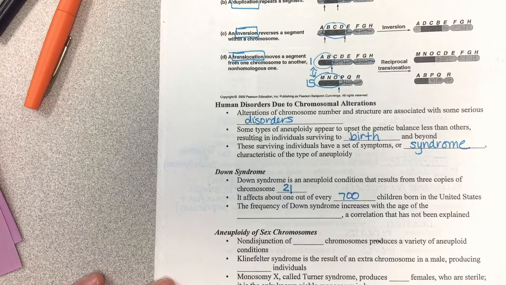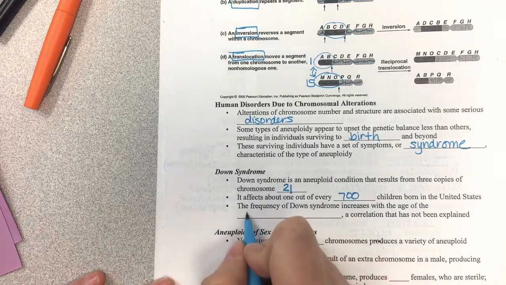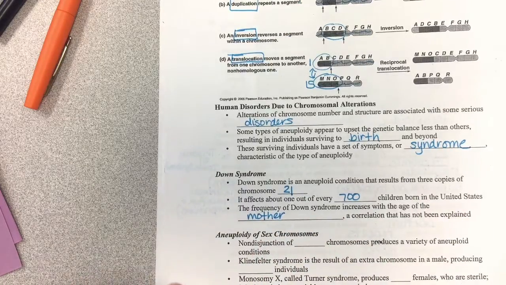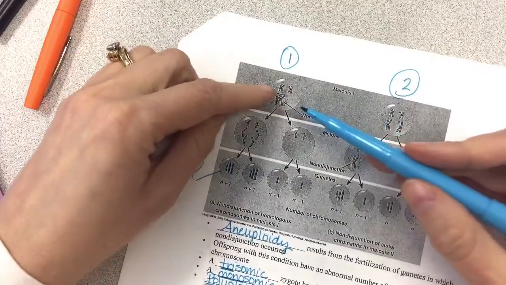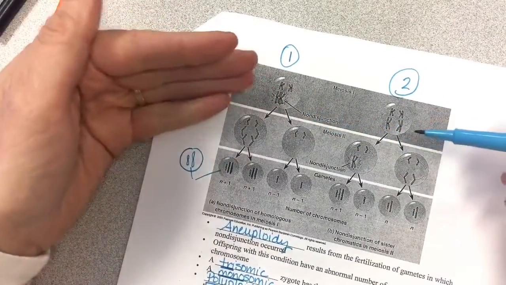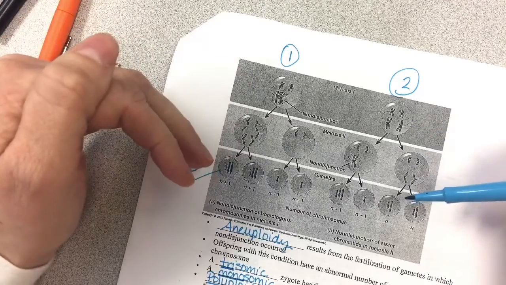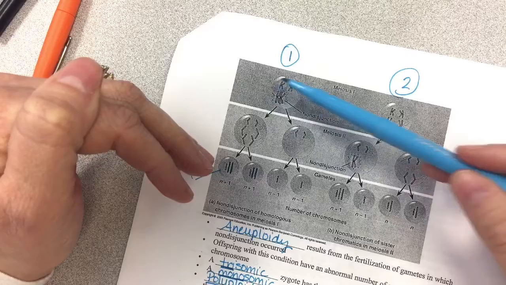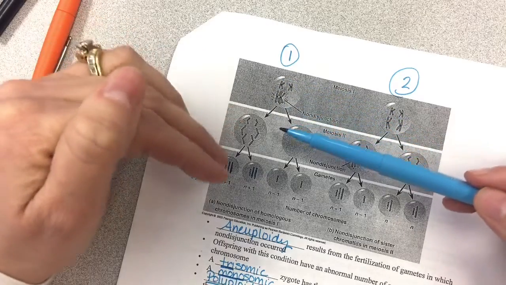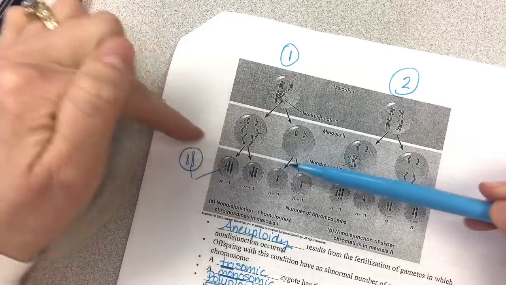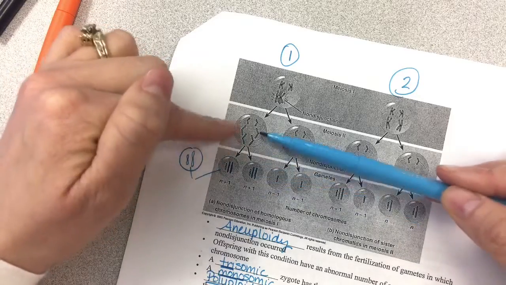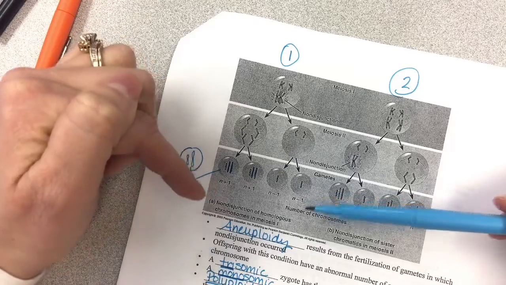The frequency of Down syndrome increases with the age of the mother, a correlation that has not been explained, although they find that the mother has these egg cells that sit in her ovaries for her entire lifetime since puberty, and they think that the egg ages, and the older the egg gets, the more likely a mistake in separating the chromosomes properly becomes.